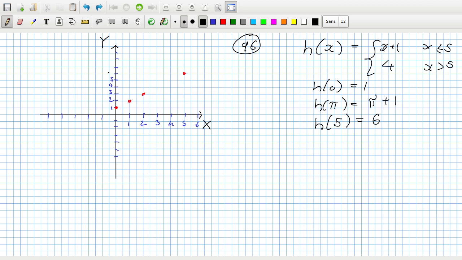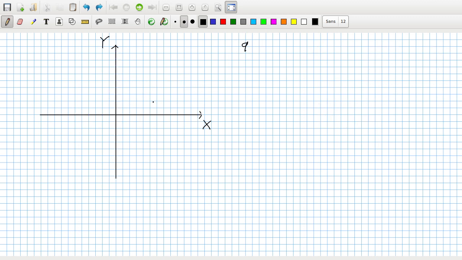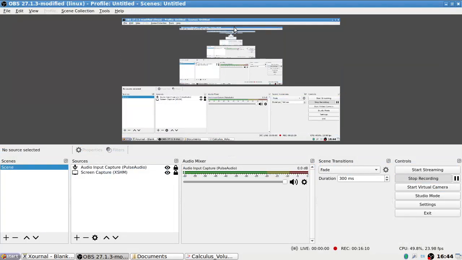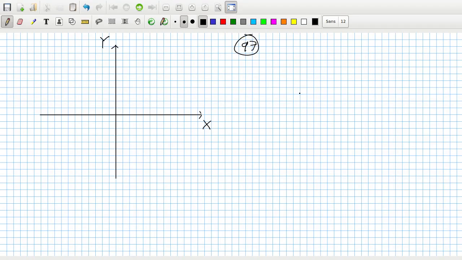And then 97. Still recording? Yep, 97. So you have g of x equals 3 over x minus 2 when x is not 2, and then 4 when x is 2.